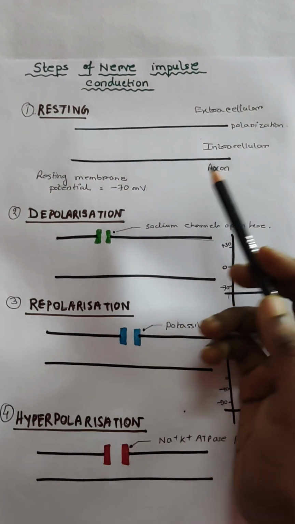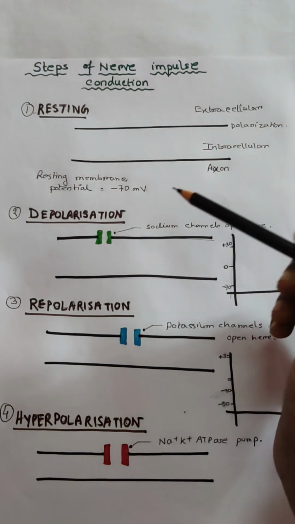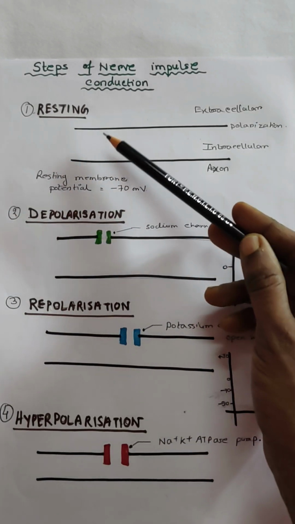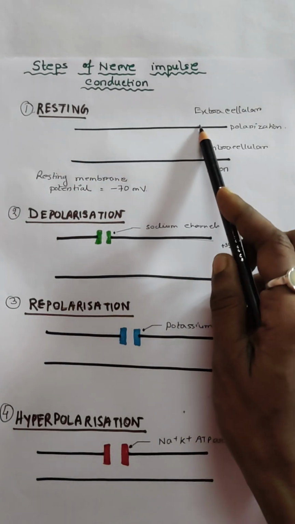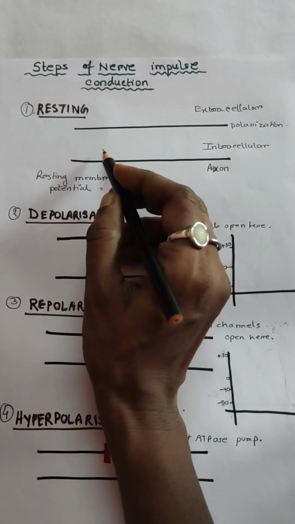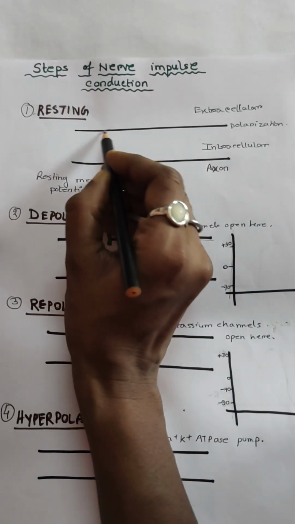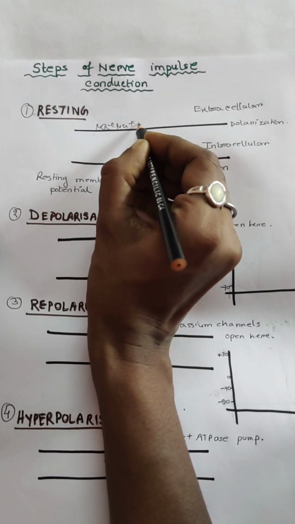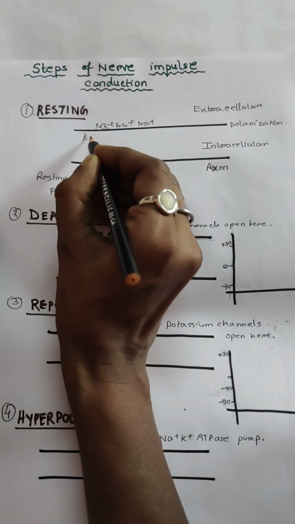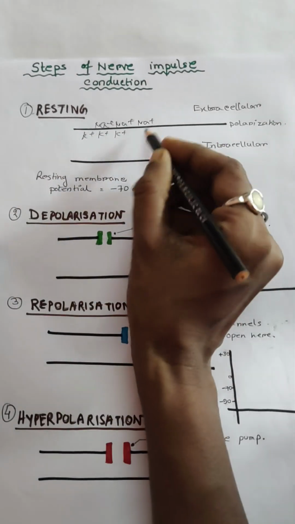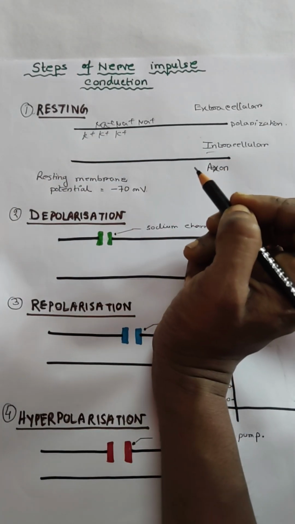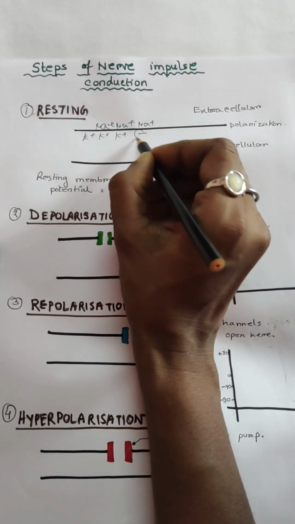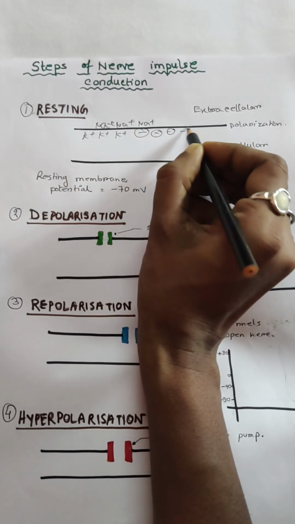So here are the steps of nerve impulse conduction. The whole conduction process follows these steps. First, there is a resting stage. At the resting stage, outside the membrane, the axolemma, there are sodium ions, that is positive ions, and inside the membrane, in the intracellular space, there are potassium ions, along with negatively charged protein molecules.